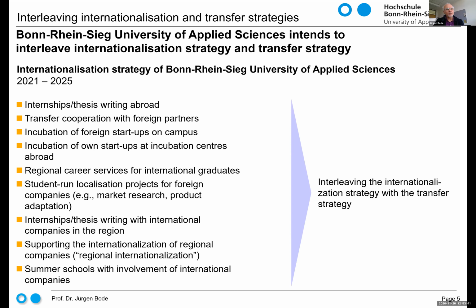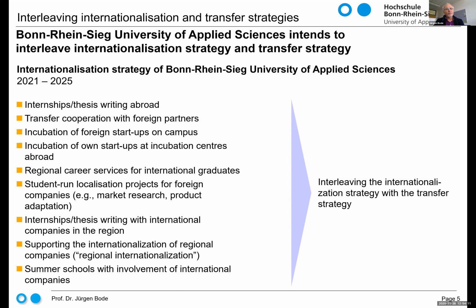We, as many other universities of applied sciences, have a special focus also on entrepreneurship and startup development. We have our own incubation center on our campus, and we can invite foreign startups for this incubation and integrate them into our activities to connect our students and our faculty with the startups in the incubation center.